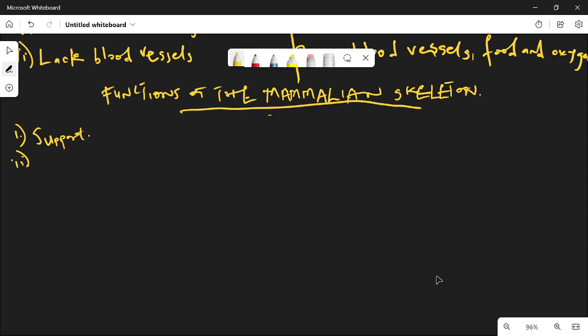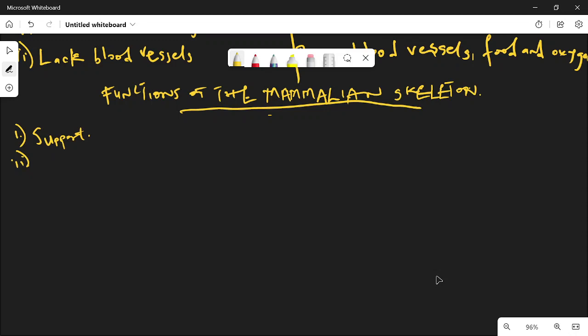But because they are well positioned and fixed, attached to specific locations in the skeletal system of that organism, they do not crush on one another. And so that is the first function of the skeletal system or of the mammalian skeleton.